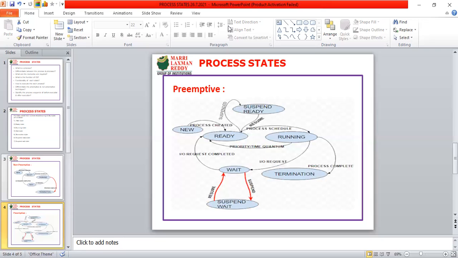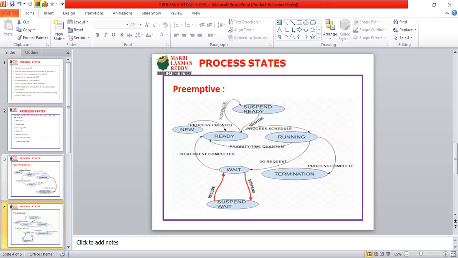One point to remember: the ready state, running state, and wait state use main memory only. The remaining states, new, suspend ready, suspend wait, and termination, use secondary memory.